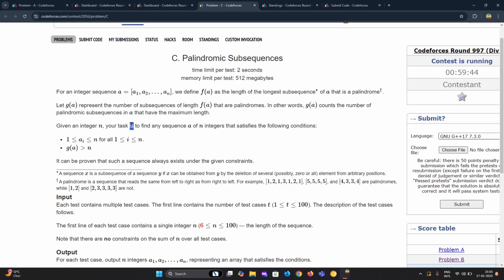Given an integer n, your task is to find any sequence A of n integers that satisfy the following conditions.